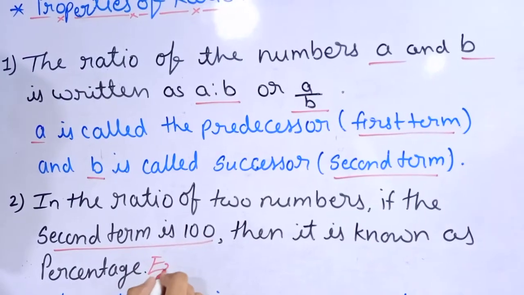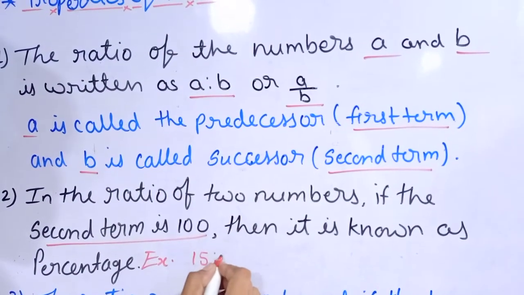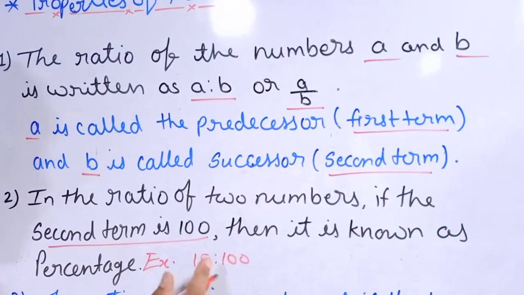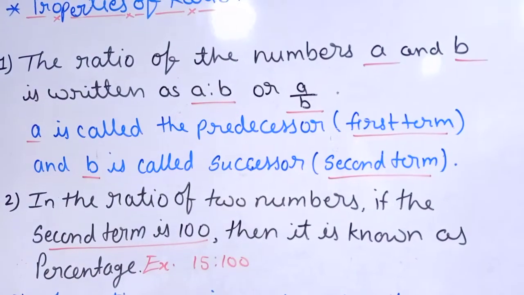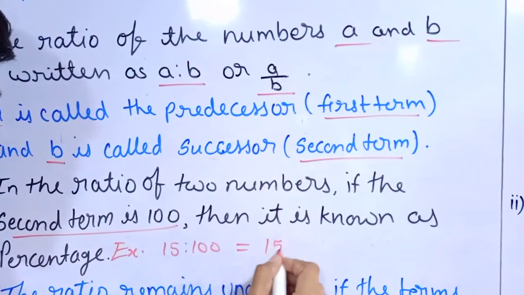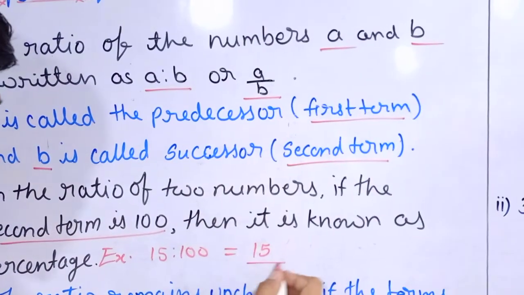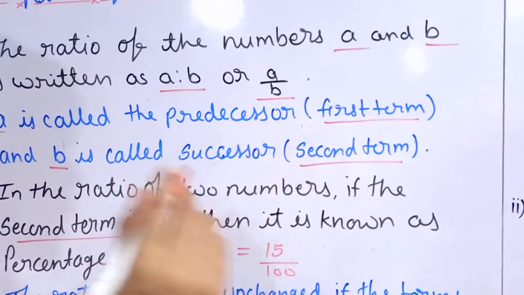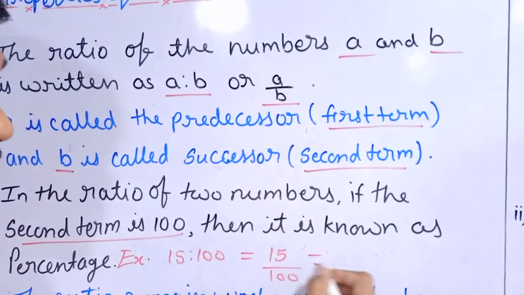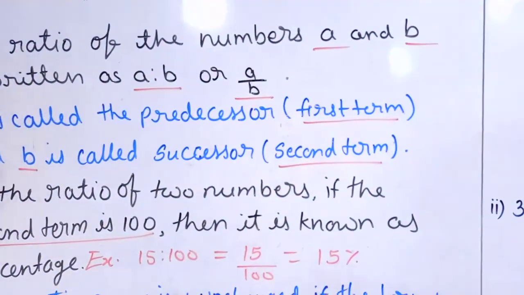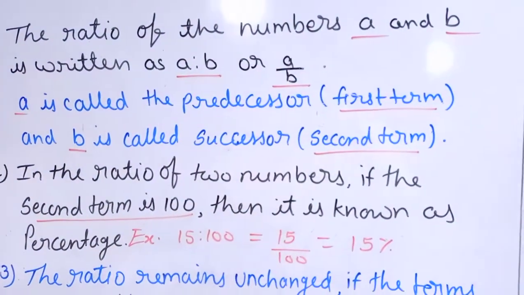For example, if we have 15 is to 100, here A is 15, B is 100, means the second term is 100. It means it is 15 percent. Or we can write it as 15 upon 100. And we know very well, if we have the denominator 100, that means we are talking about a percentage. So we can say it is 15 percent.